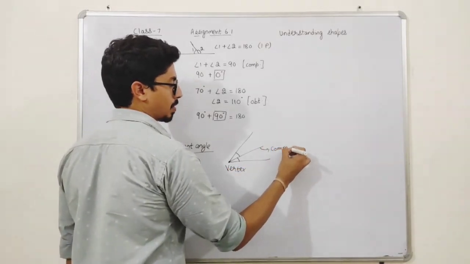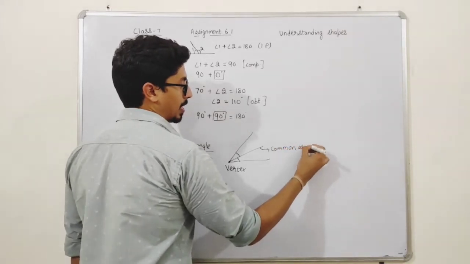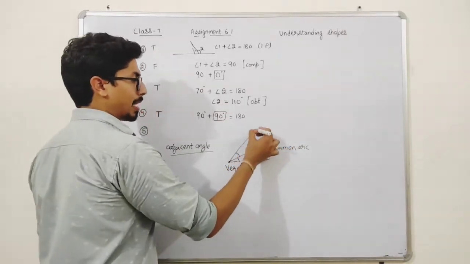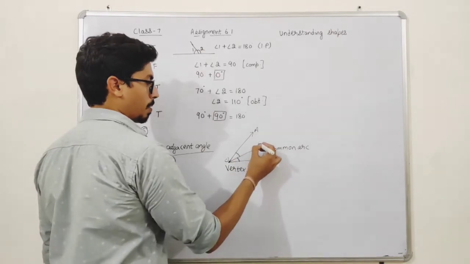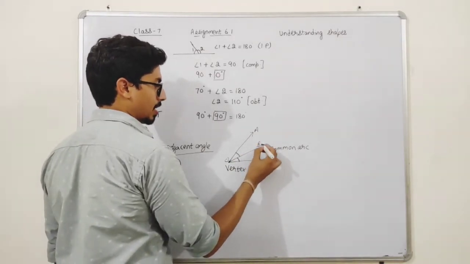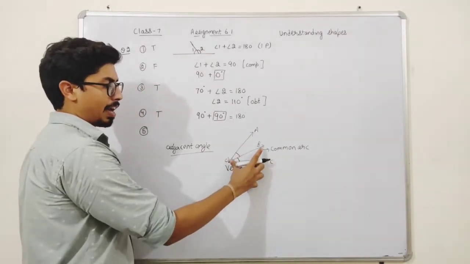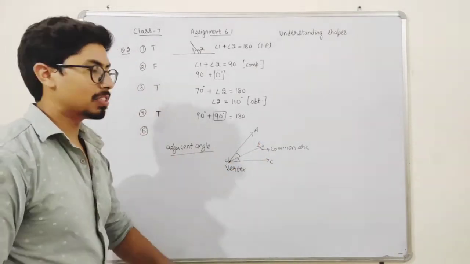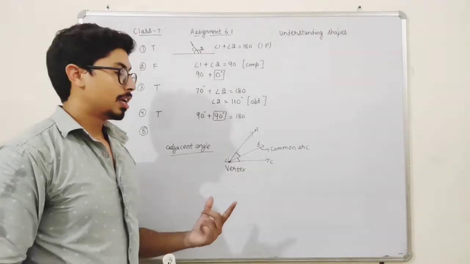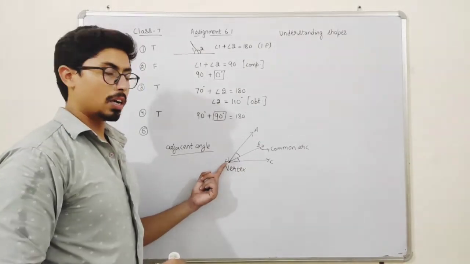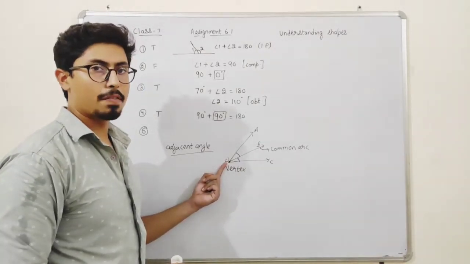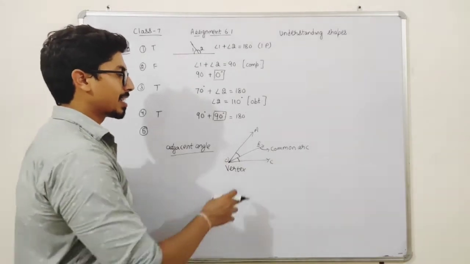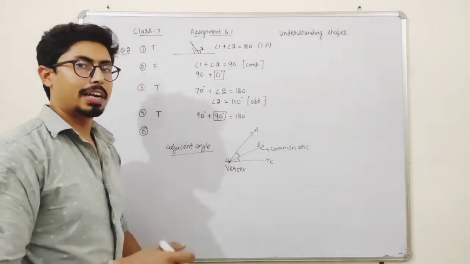If I name them as A, O, B and C, then AOB has OB and BOC has OB. So both angles have the same common arm and the same vertex also. So yes, I can say that these two angles are adjacent.